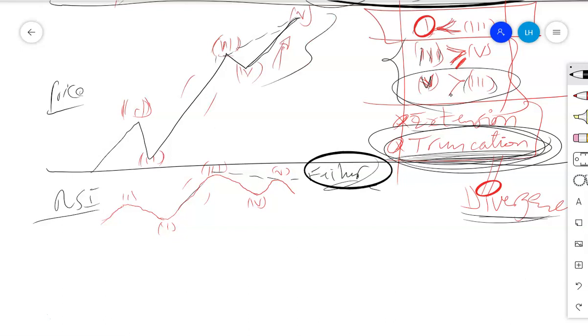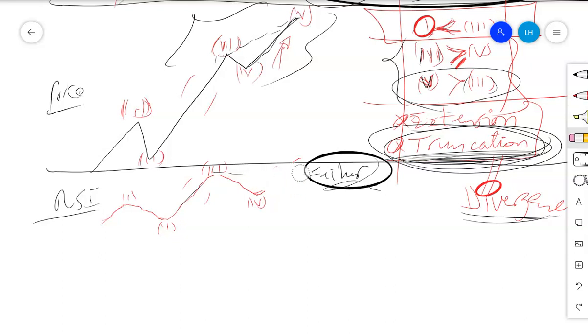Make sure you cover the idea of extension and you will understand this. Extension in the fifth wave will lead to RSI keeping on moving to higher highs.